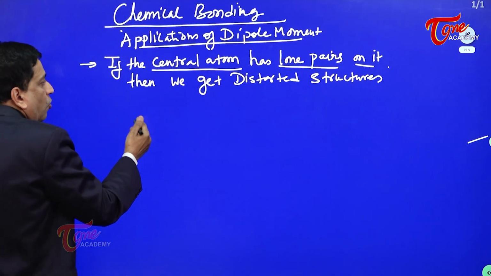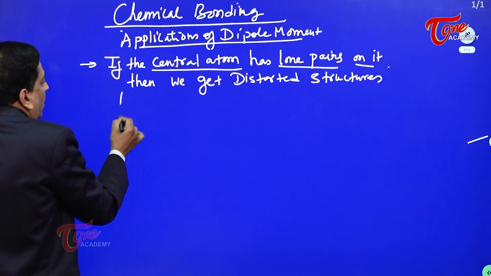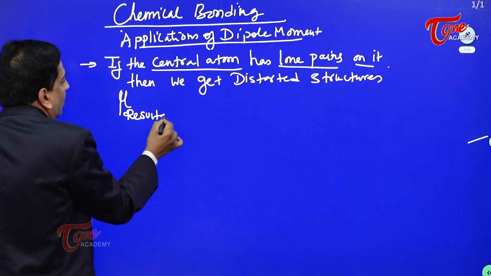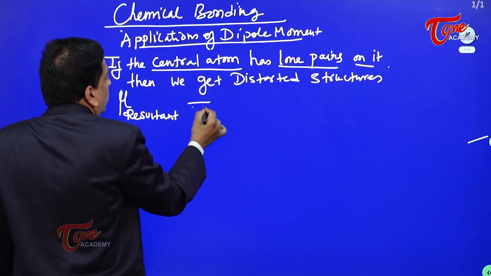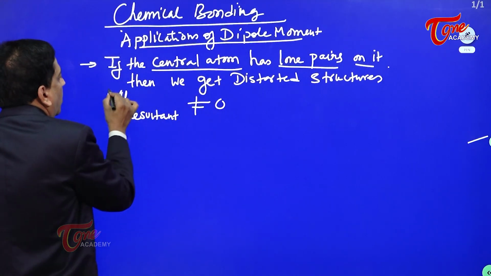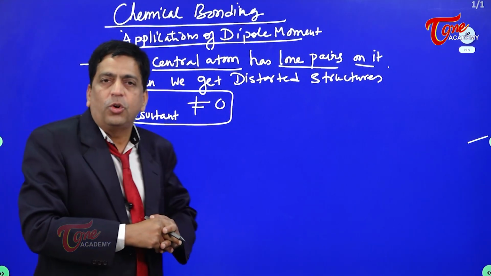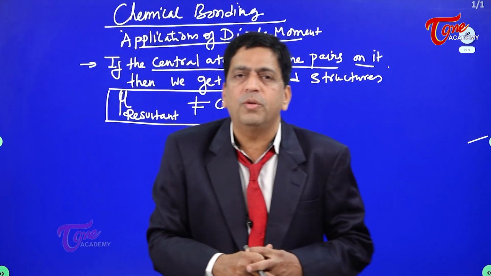When I say distorted structures, then the mu resultant of the molecule is not equal to 0. You must understand, the mu is not equal to 0.